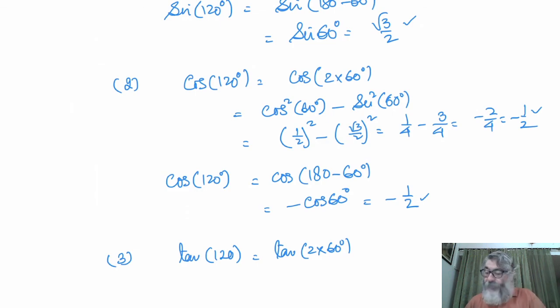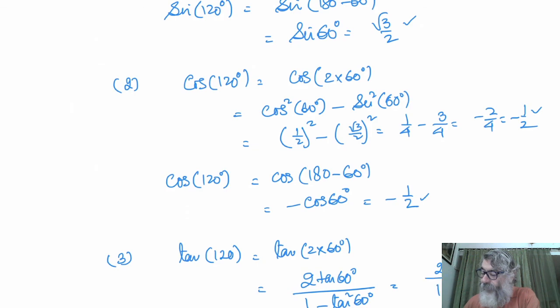So I am going to use the formula, that is tan 2 theta is 2 tan theta upon 1 minus tan square theta, or tan square 60. The value of tan 60 is root 3.